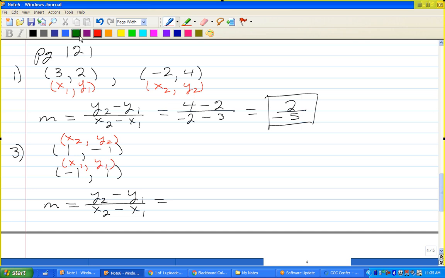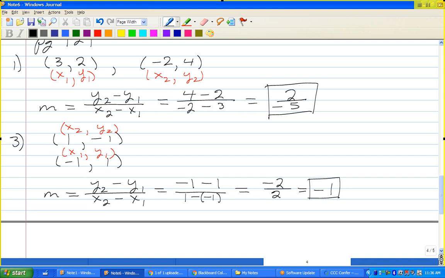If you line them up nicely like this, then you just do the difference of this divided by the difference of those. So you do negative 1 minus 1 over 1 minus a negative 1. Okay, so I get negative 2 divided by 1 minus a negative 1, same as 1 plus 1, 2. Negative 2 divided by 2 is a negative 1. And that is your answer.